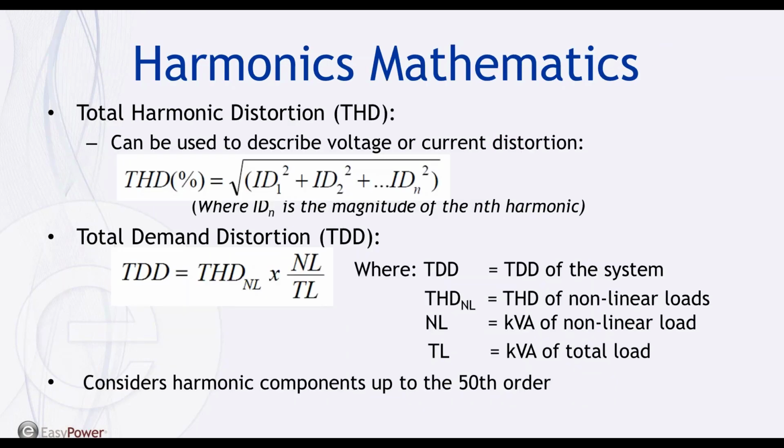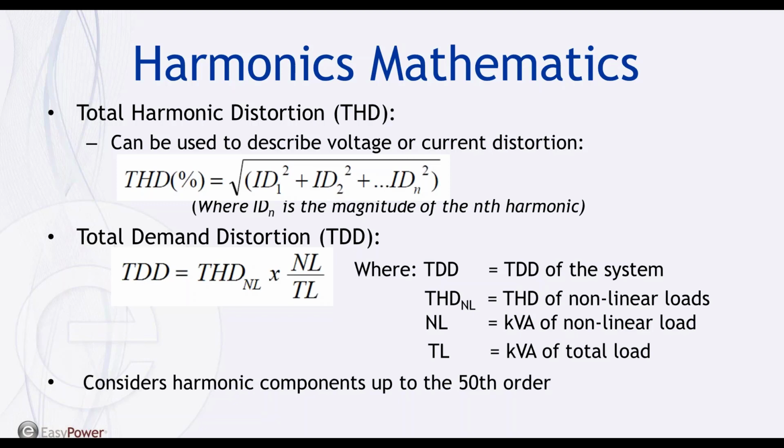And now let's discuss more mathematics. Here we have the equations for total harmonic distortion and total demand distortion. These equations can be used to describe voltage or current distortion. The total demand distortion equals the total harmonic distortion multiplied by the ratio of nonlinear load to the total demand load, which includes both linear and nonlinear loads.